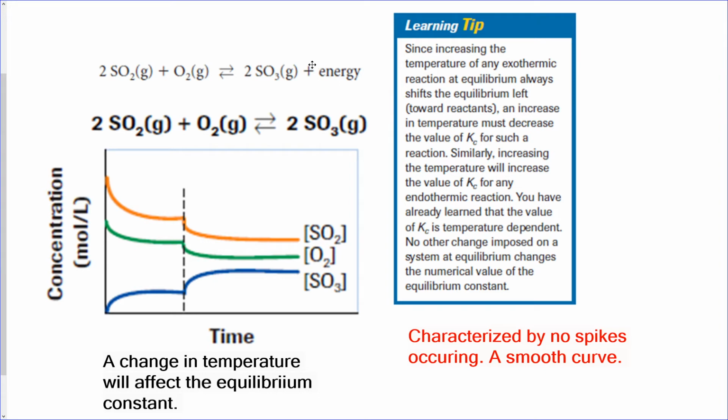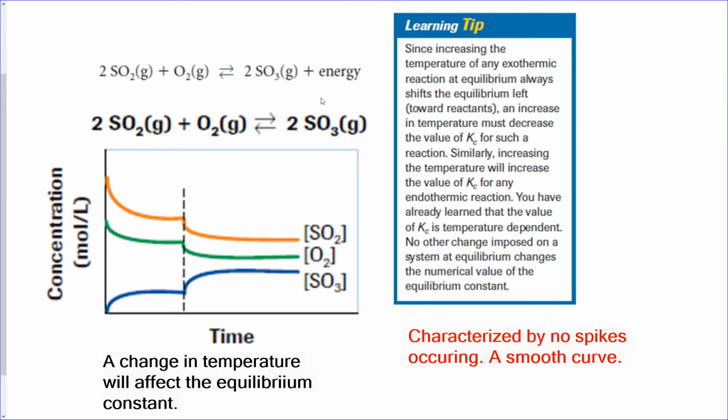I guess I'll go back to the beginning. If I increase the energy, if I increase the heat, it's like it's expanding. There's no room, so it's going to push the reaction toward the left side. However, if I decrease the temperature, decrease that energy, it makes a hole, so it shifts to the right.